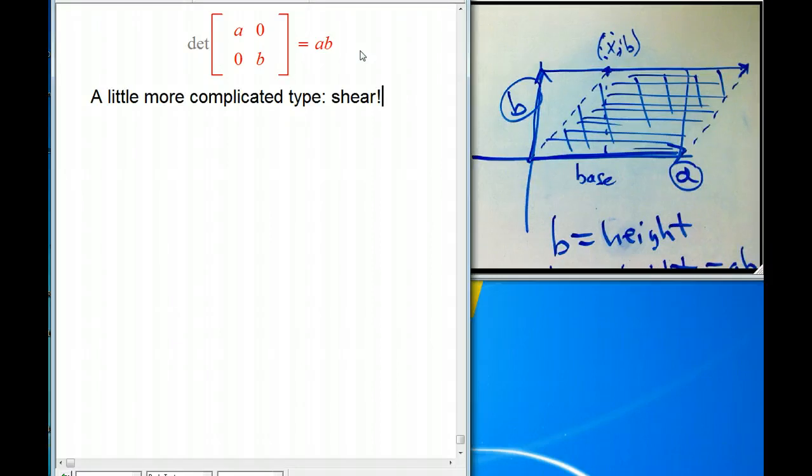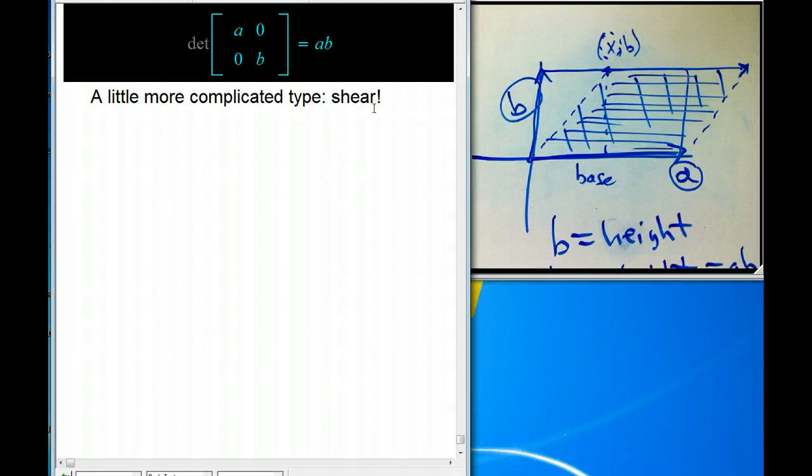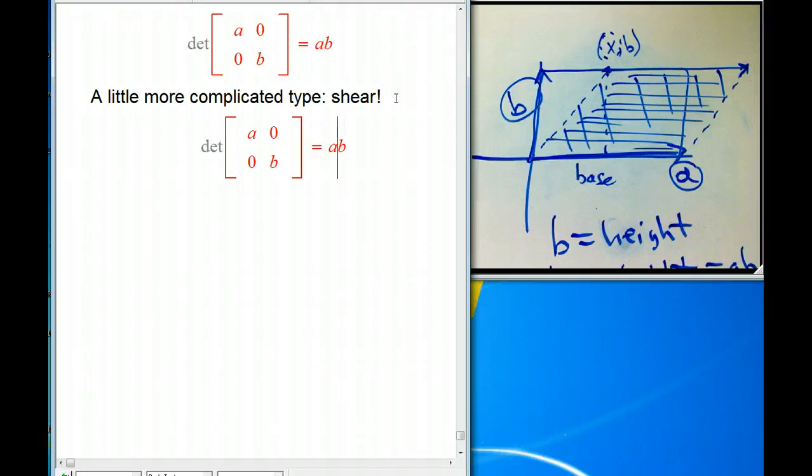So we should get still a times b for the area, and that's exactly what happens, because what's going on now, we just have to modify this example a little bit. We're almost done with this part of the story. The base is still the vector a comma 0. Now this is x comma b, this slanted vector, which has the same height. The determinant of that is still ab, because you just get minus 0x, and that's just ab.